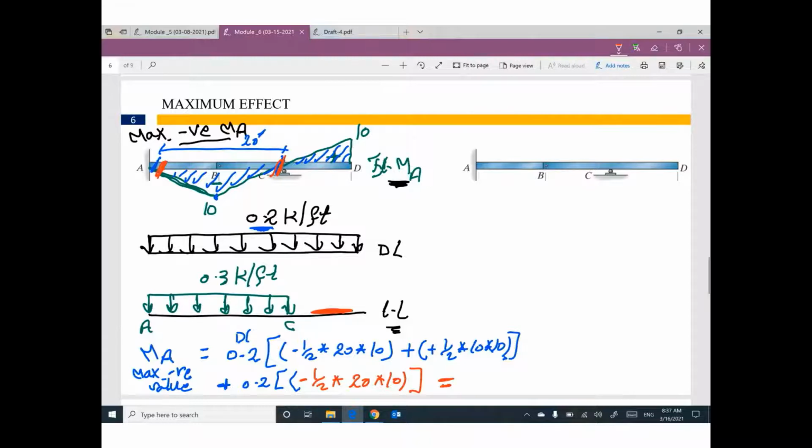Negative 0.5 times 20 times 10 plus 0.5 times 10 times 10 times 0.2, plus 0.3 times 0.5 times 20 times 10. Your final value will be negative 30 kip-foot.